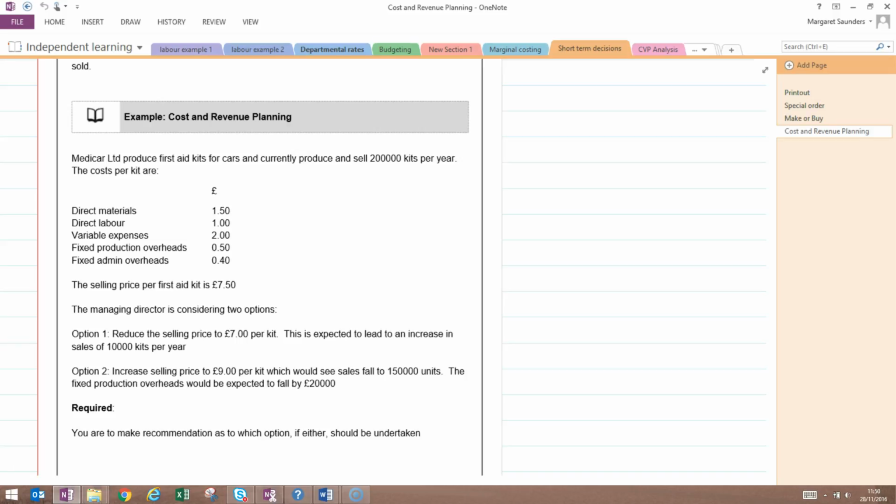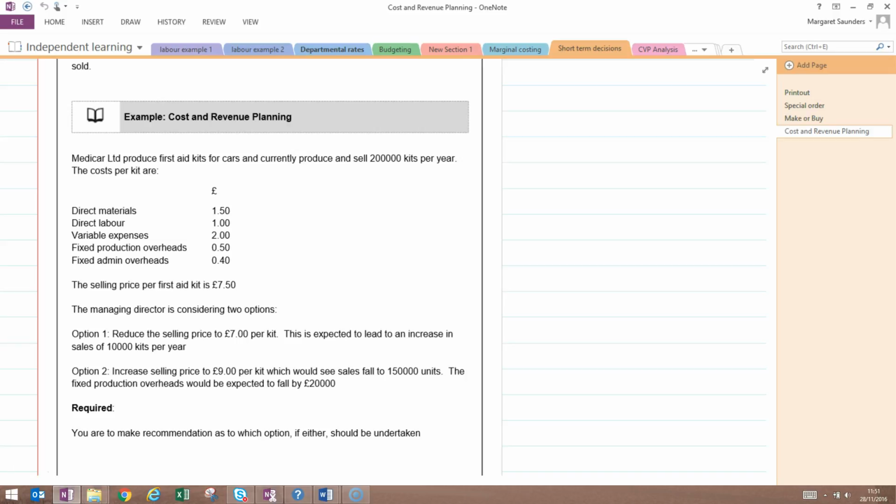So the managing director is considering two options. Option 1 is to reduce the selling price to £7. And the managing director feels that that's going to increase the sales by 10,000 kits per year. Option 2 is to increase the selling price to £9.